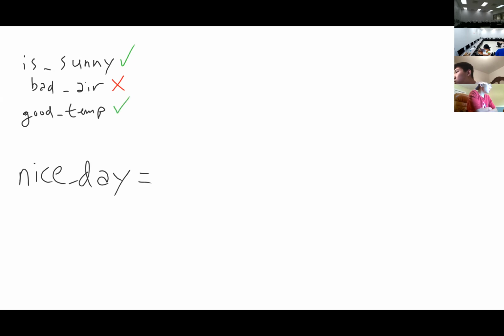So we want is sunny to be true, bad air to be false, and good temp to be true in order for nice day to equal true, right? So if any one of these does not have that value, will it be a nice day?